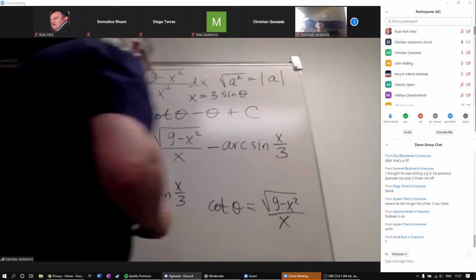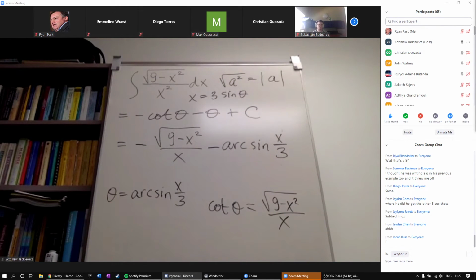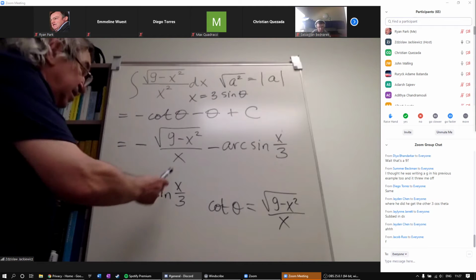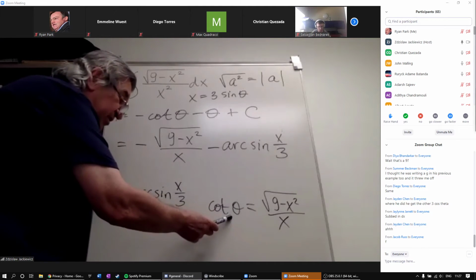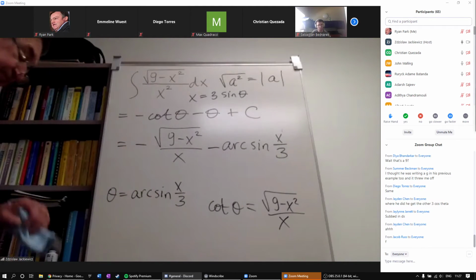You can add a constant of integration if you want. So this is the final answer for this example. Again, we use the right triangle to figure out what cotangent theta is.